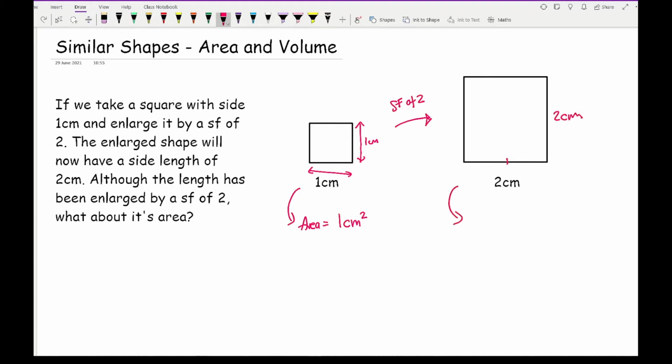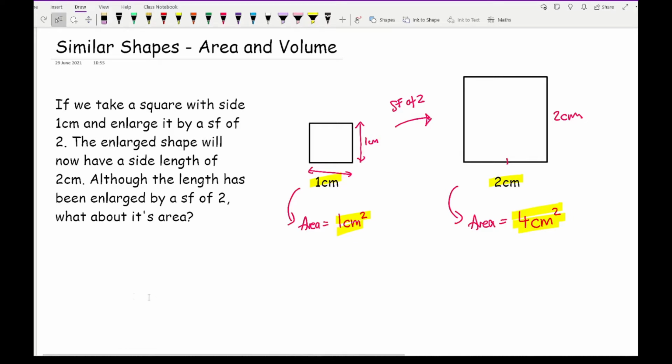So the area of this square is now 4 centimeters squared. Now you can see that although the length scale factor has been doubled, the area has actually been more than double. So it's actually quadrupled. So it's times 2 times 2.